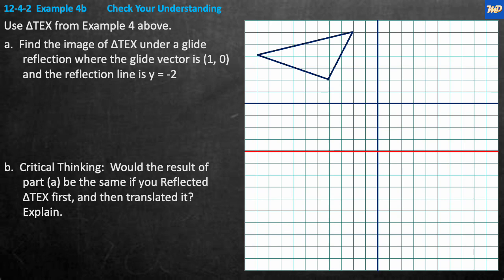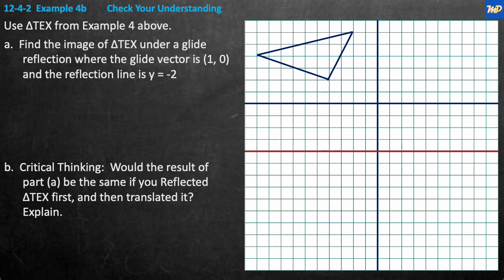So that's a move in X of +1, that's to the right, and no movement in Y. But then we're going to reflect across Y equals -2.